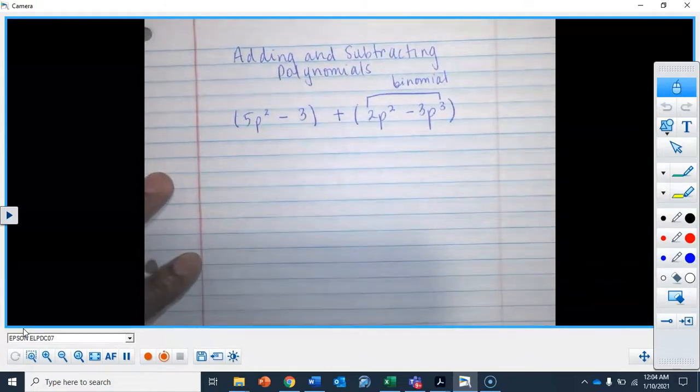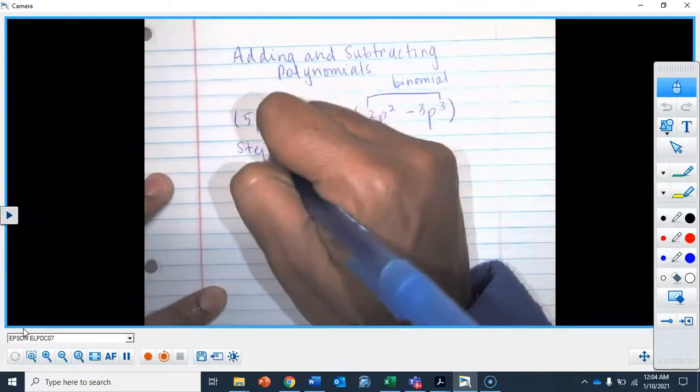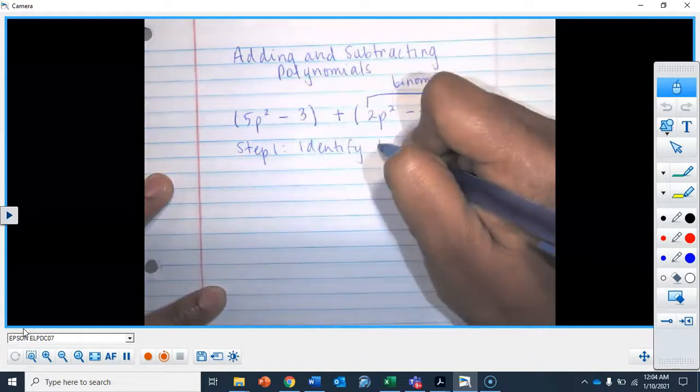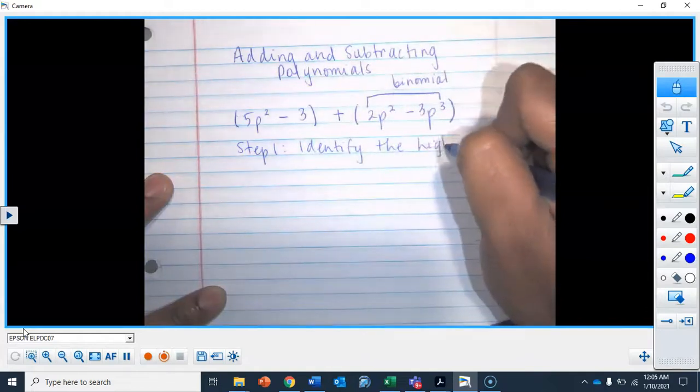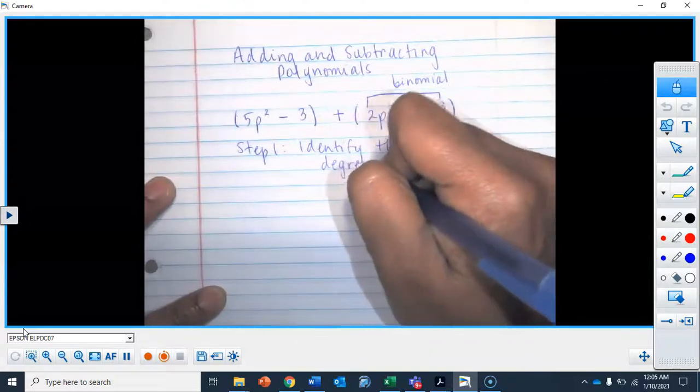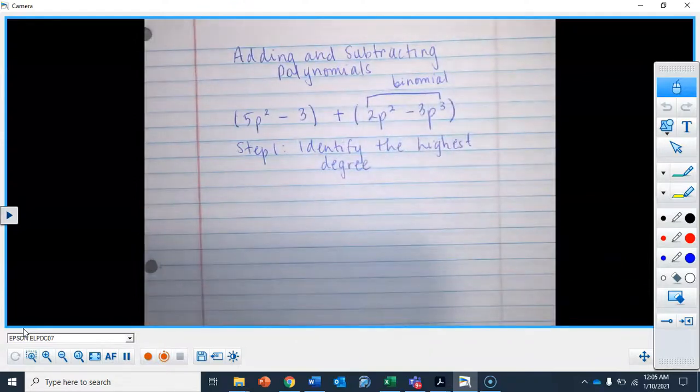So here are the steps. Step 1 is you first want to identify the highest degree on your variable. In this case, our variable is p, and the highest power that we see is that 3. So we have that negative 3p to the third power.